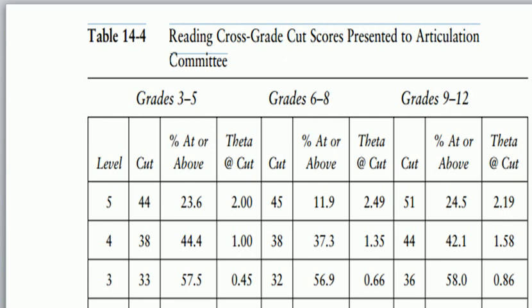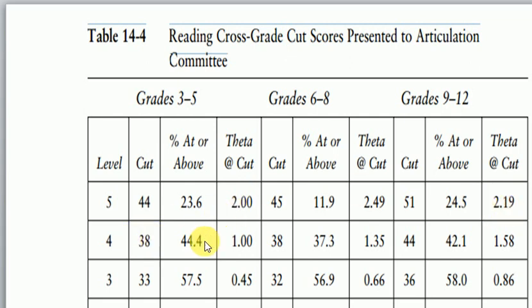Next, grade 6 to 8: it is 45, percentage at or above 11.9, and theta cut 2.49. And for grade 9 to 12, the cut score is 51, percentage at or above 24.5, and theta cut score 2.19.